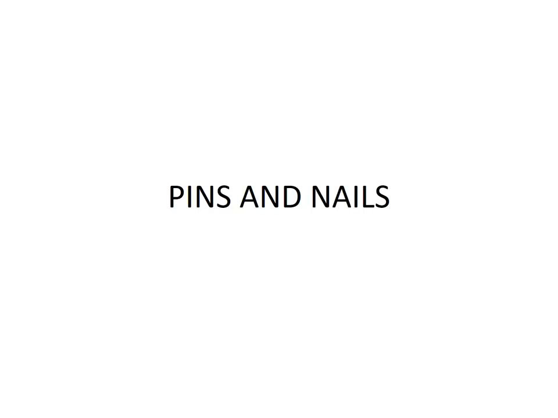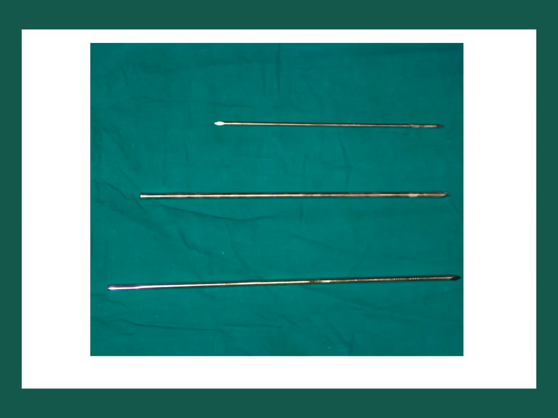Let's talk about some pins and nails. You can see three instruments here. At the top, this is a K wire. A K wire or a Kirschner wire is sharp at both the ends and is used for fixation of small bones or bones in children around the joints.